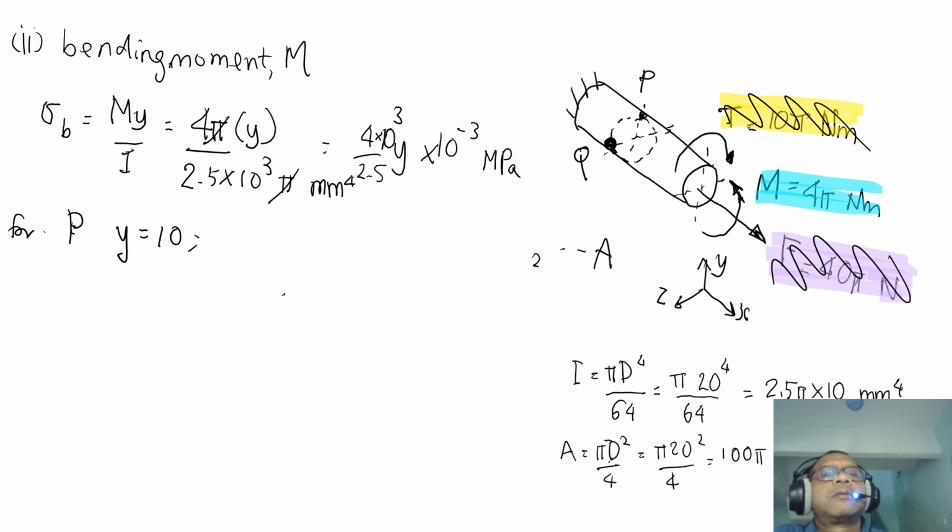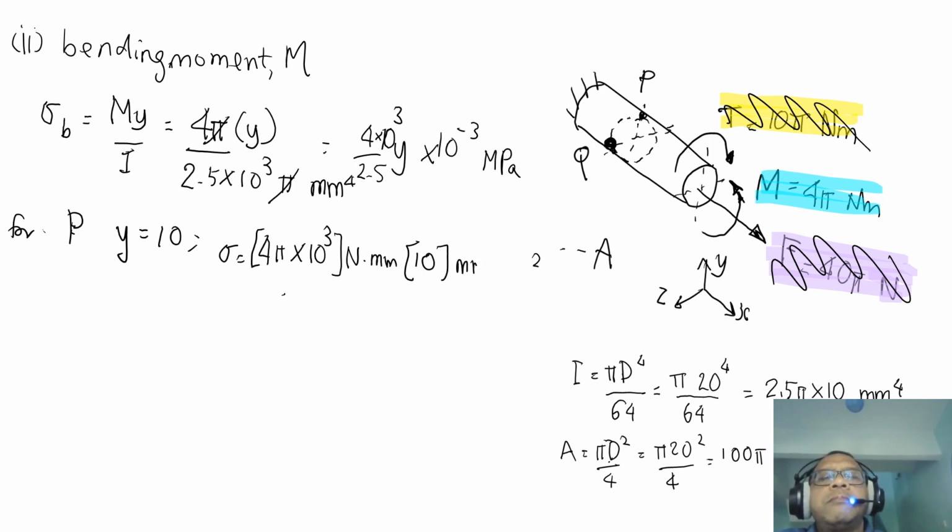Made some mistakes here. So for P, sigma equals to 4 pi times 10 to the power of 3. This is Newton millimeter. And y is 10 mm. And then I is 2.5 pi times 10 to the power of 3 mm to the power of 4.